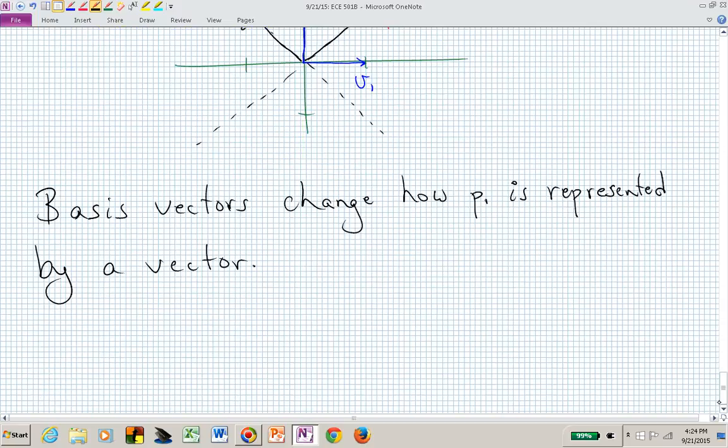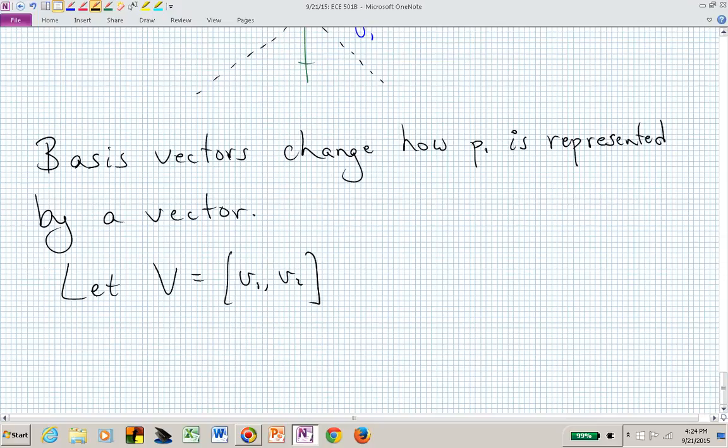But it just means that we are using two different sets of basis vectors to represent that point P sub 1. For example, here, I'm going to go ahead and define capital V as this list of two vectors, V sub 1 as a column and V sub 2 as a column, and capital V bar is now V1 bar and V2 bar.